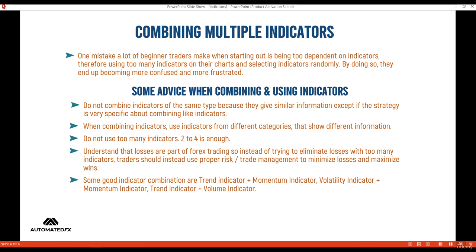Some indicators tend to perform better in trends, some perform better in consolidation, and so on. When you use indicators properly, you tend to get the best entry and exit points. So do not combine too many indicators as a trader. Do not just follow them blindly.